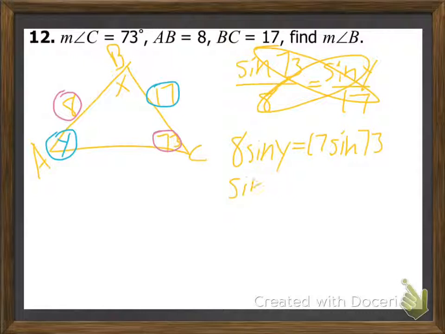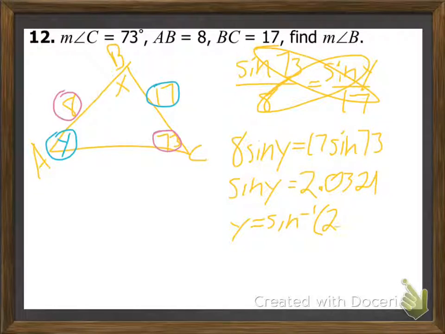Sine of y is going to be by itself after you divide by 8, and you're going to end up getting 2.0321, so it's actually bigger than 1. And then you're going to do the inverse, so inverse sine of 2.0321. And when you type this into your calculator, it's going to actually say domain error.